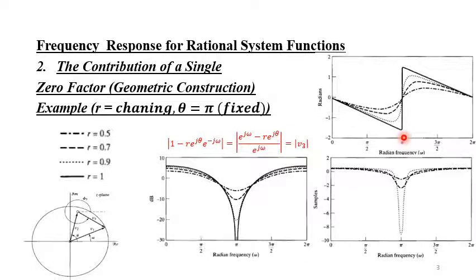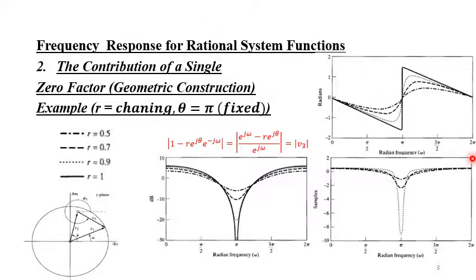Because the angle theta of the zero is fixed at pi, when the frequency reaches pi, the phase has a positive slope in this region.